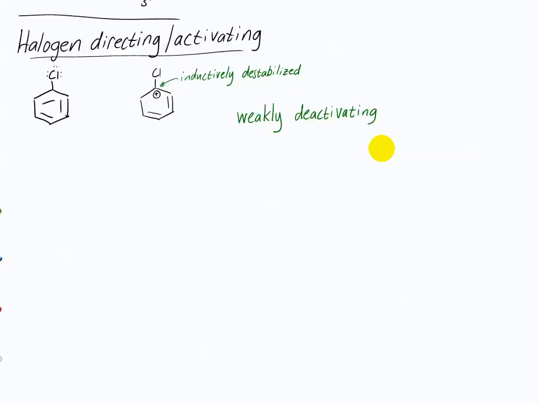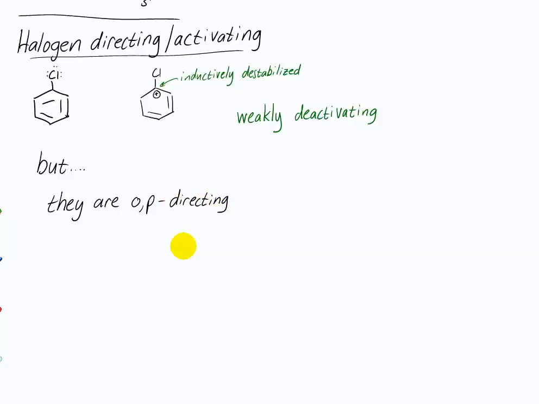Okay, but here's where it gets weird. The other deactivating groups we've seen are all meta directors, but halogens are actually ortho-para directors.